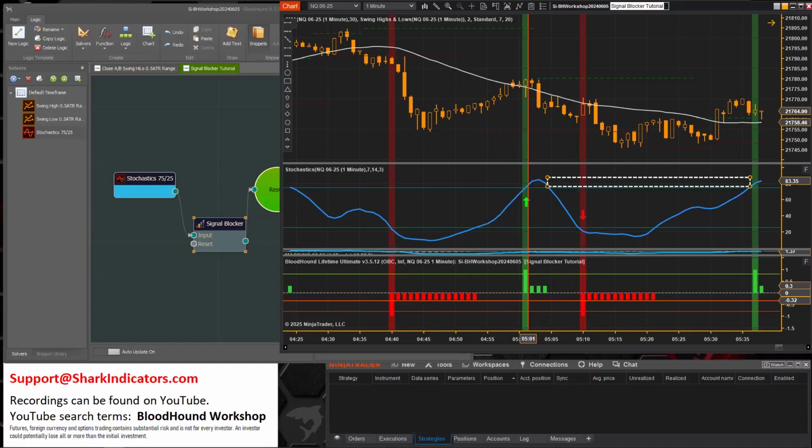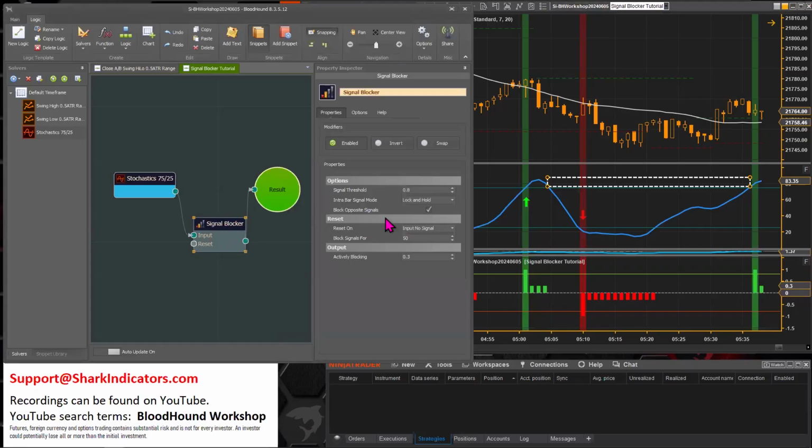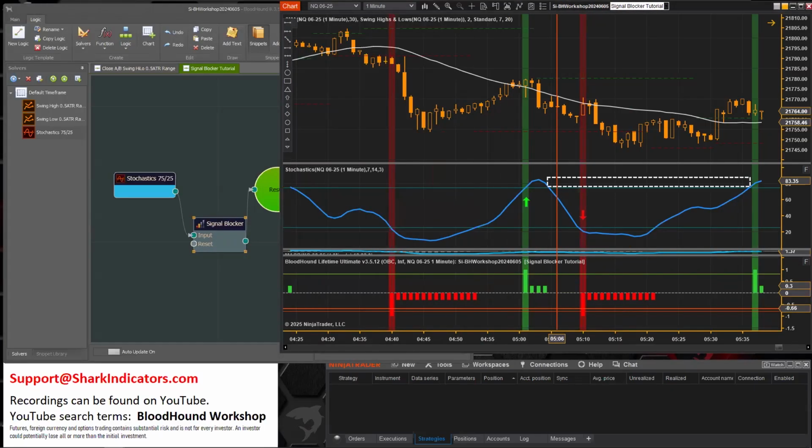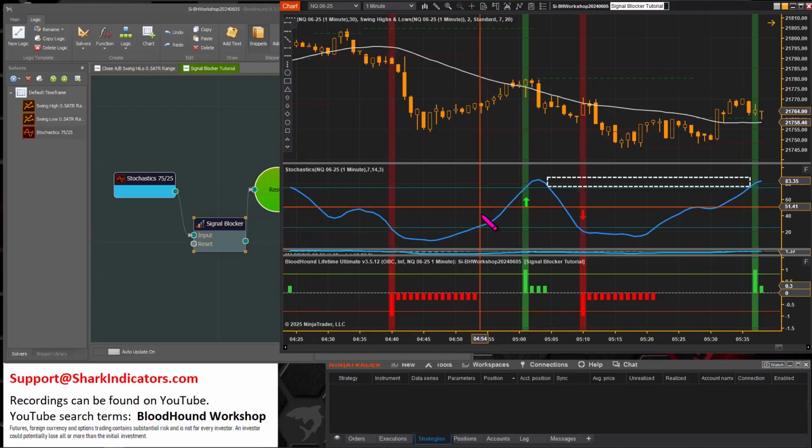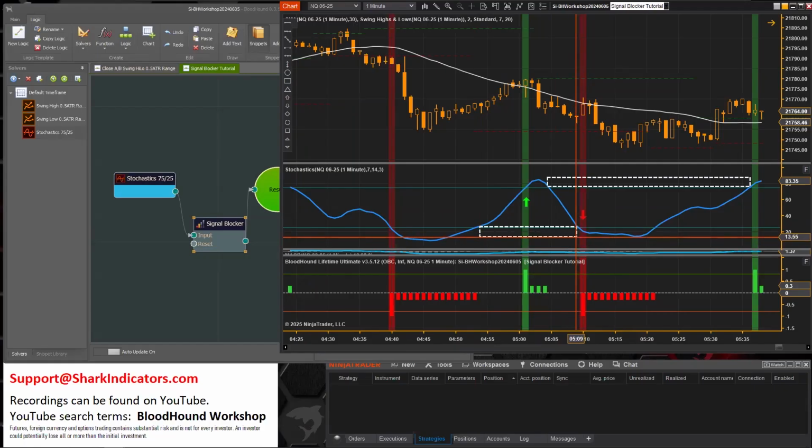So why aren't the shorts being blocked anymore? I still have block opposite signals, but the shorts are not being blocked. Well, that's because I think you guys know where I'm going with this. There's no short signals coming in, so the stochastics is no longer oversold.